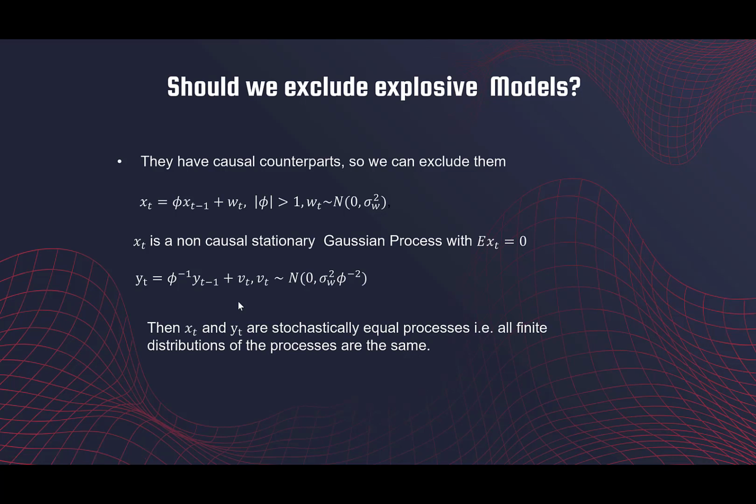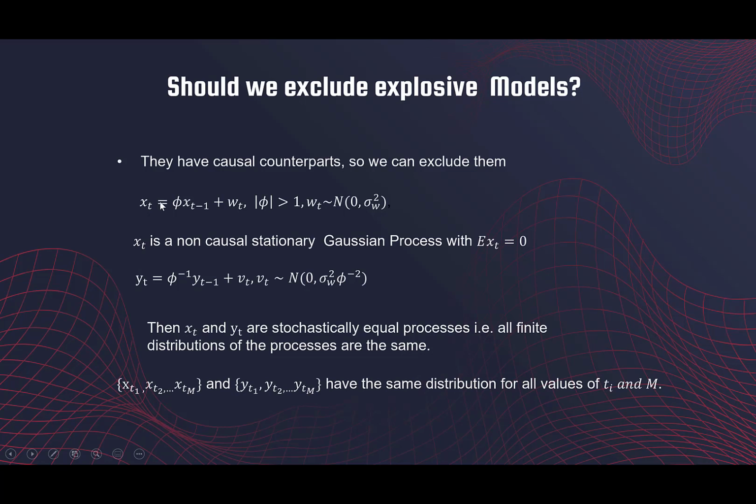We're not going to show this right now; we'll get to this point later. But it can be shown that xt and yt, these two processes, are stochastically equal. What do I mean by stochastically equal? I mean both of them have the same finite dimensional distributions.